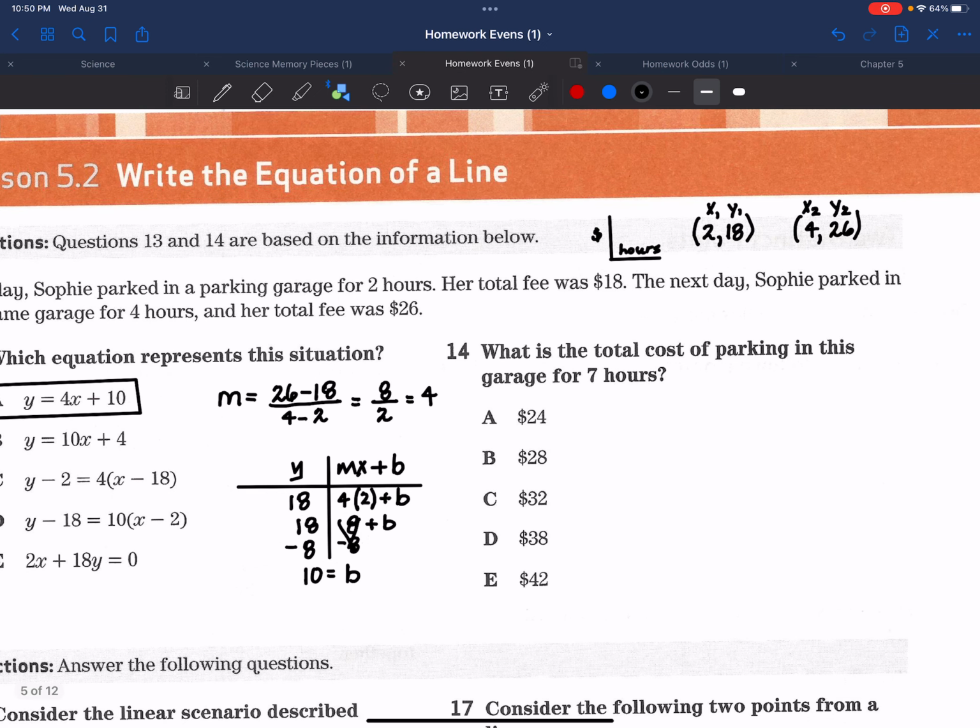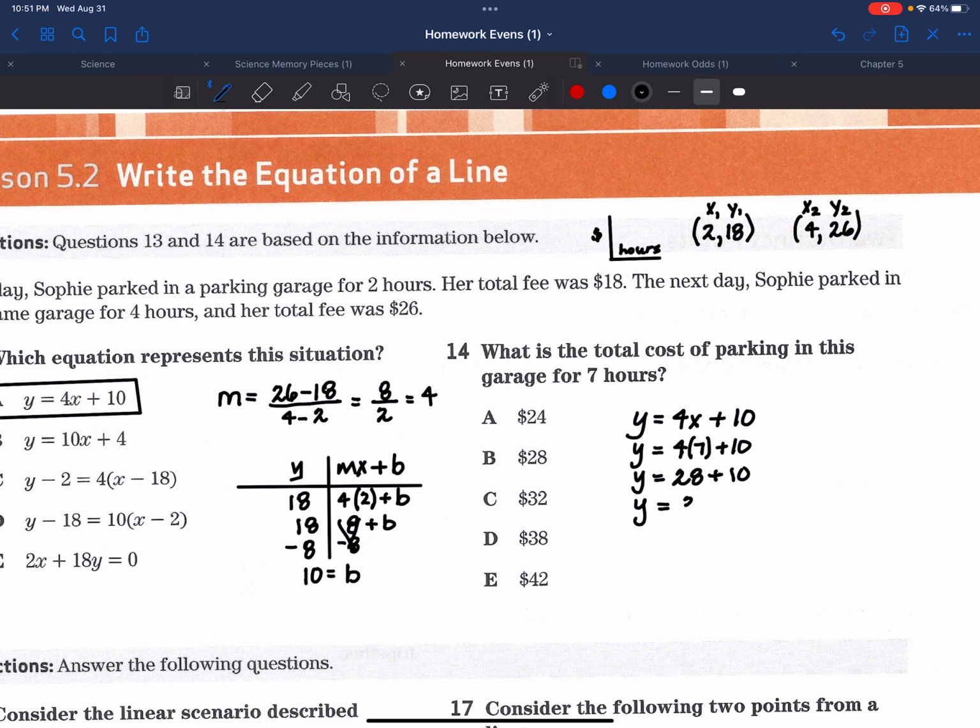And then what is the total cost of parking at that garage for 7 hours? So we would have y is 4x plus 10 when x is 7 hours. Goodness, that's a lot of money to park your car.